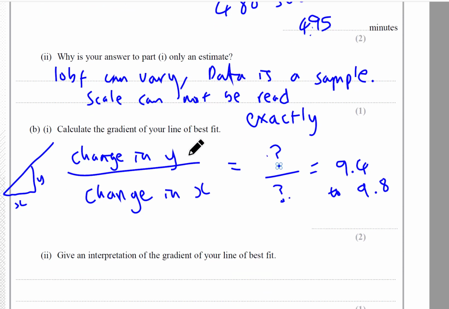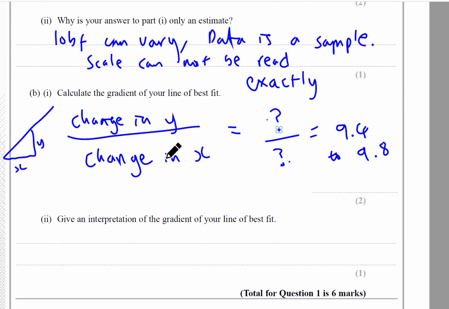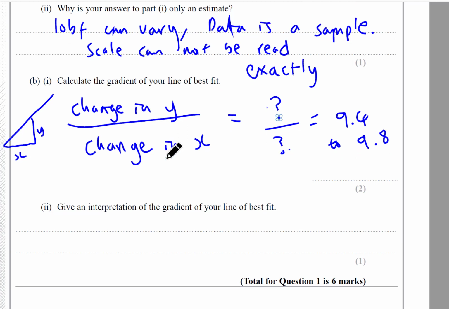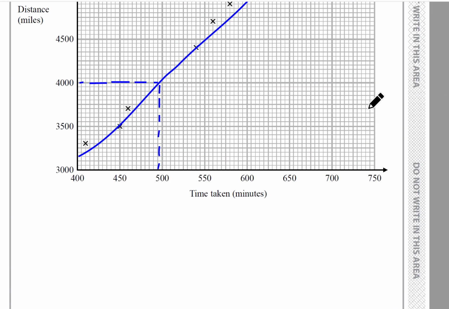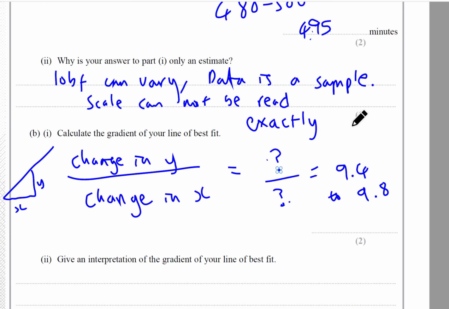Give an interpretation of the gradient of your line of best fit. Well, the scatter graph was about time taken against miles.